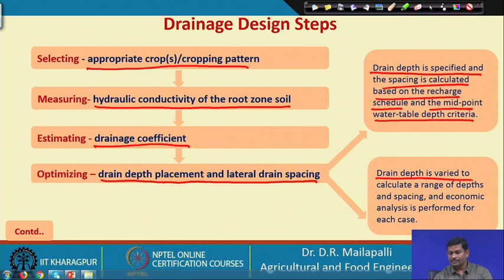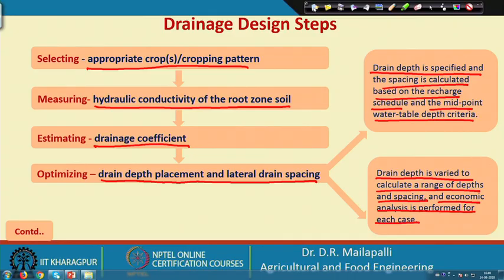Then the drain depth is varied, and you calculate the range of depths and spacings, and an economic analysis is performed. You get a combination of drain depths and spacings, and you decide based on economic criteria which depth or which spacing to adopt.